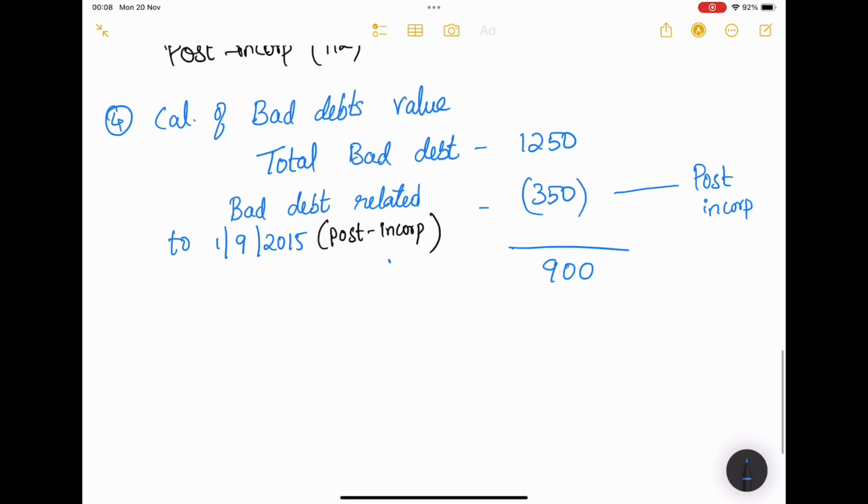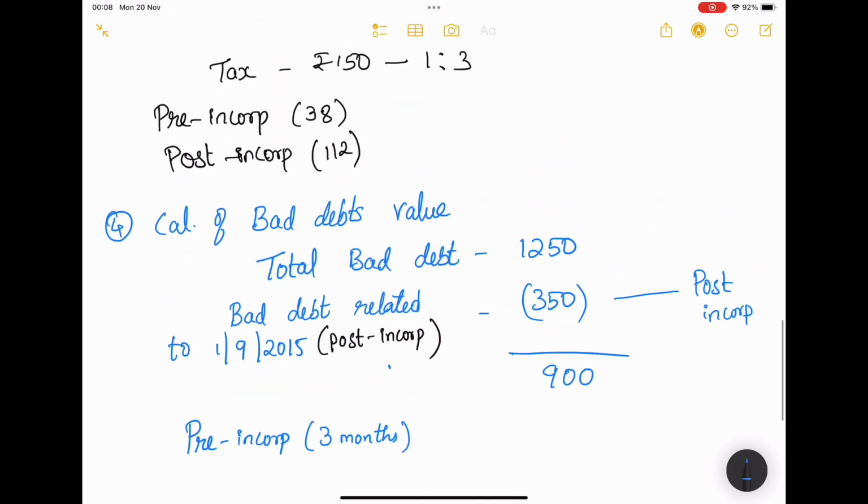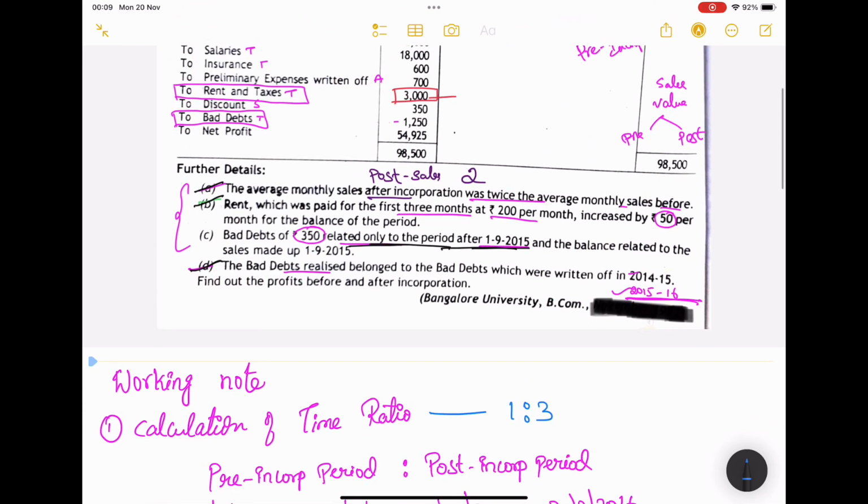So pre incorporation, how many months are we having? 3 months, isn't it? And here in the question, just the first part of the question I have completed, isn't it? So till here I have done.